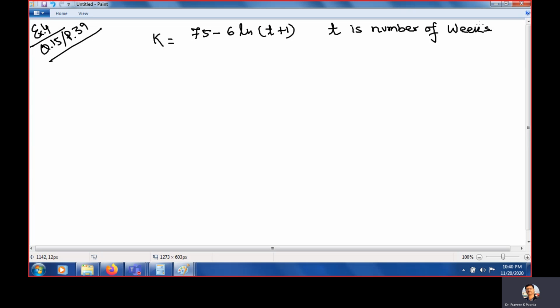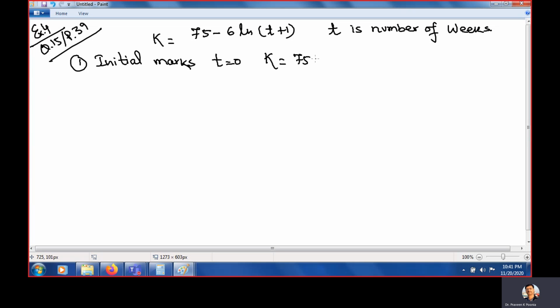Clear? So this is the formula. What are they asking? K is denoted by marks. So question number 1 is initial marks. Initial marks means put t equal to 0. Initial time means now. So t is equal to 0. What is the value of K?